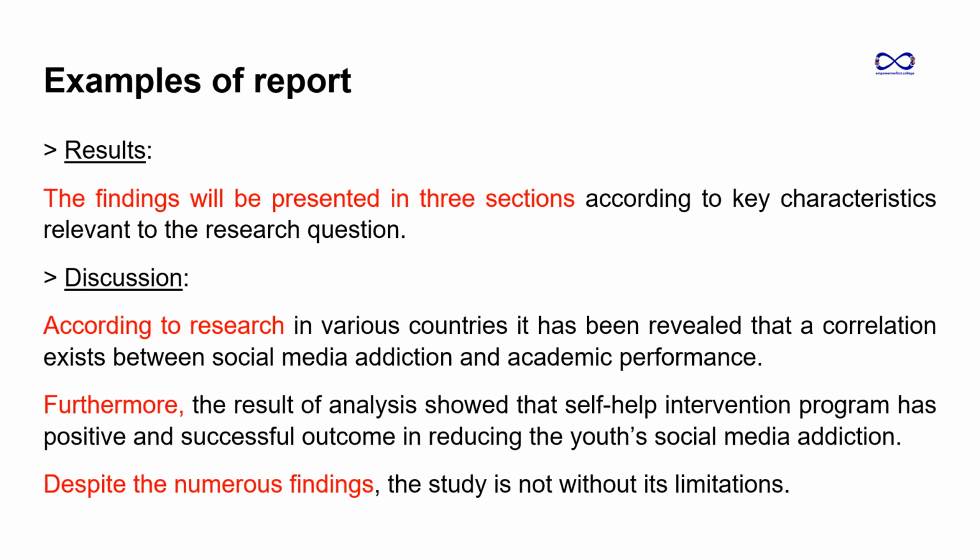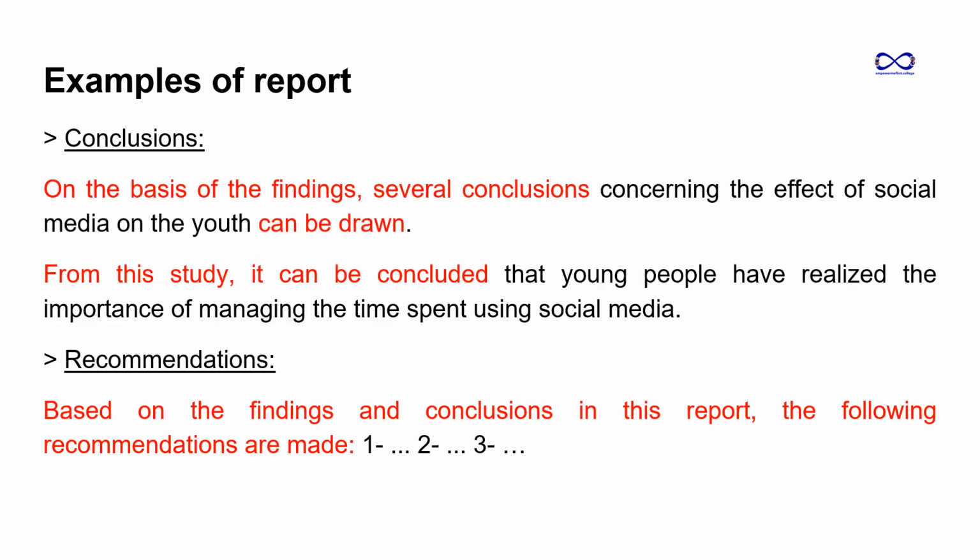Discussion: according to research in various countries, it has been revealed that a correlation exists between social media addiction and academic performance. Furthermore, the result of analysis showed that self-help intervention program has positive and successful outcome in reducing the youth's social media addiction. Despite the numerous findings, the study is not without its limitations.